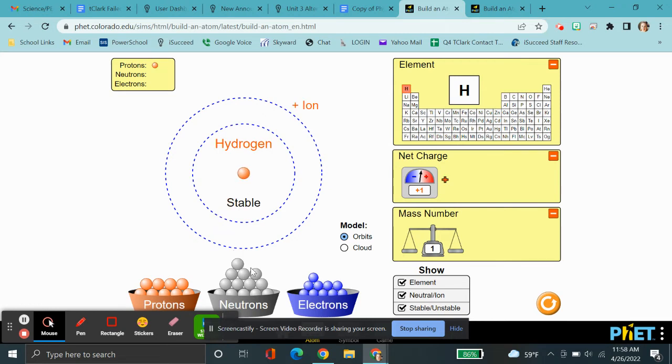So you'll go ahead and just add and see what increases that mass number. It's very unstable there. We'll talk about stability next. I probably should turn that off for now.